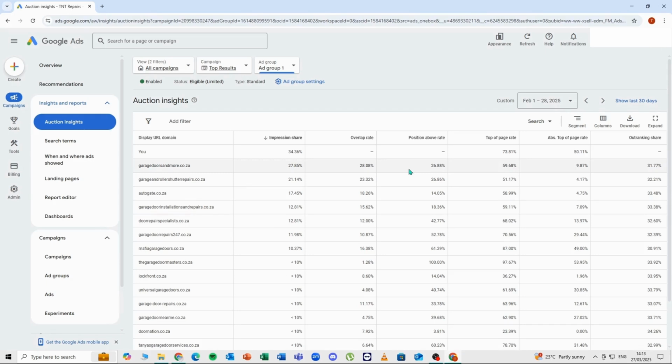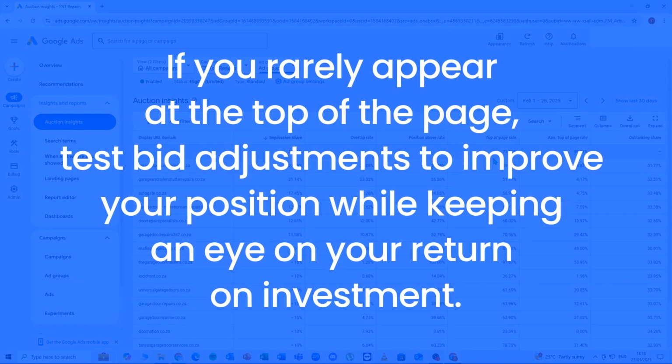And if you rarely are appearing at the top of the page, you need to do some testing on adjusting your bids to try and improve your position whilst keeping an eye on your return on investment. Of course, that's always the trick, is you want to bid higher without completely blowing your budget.